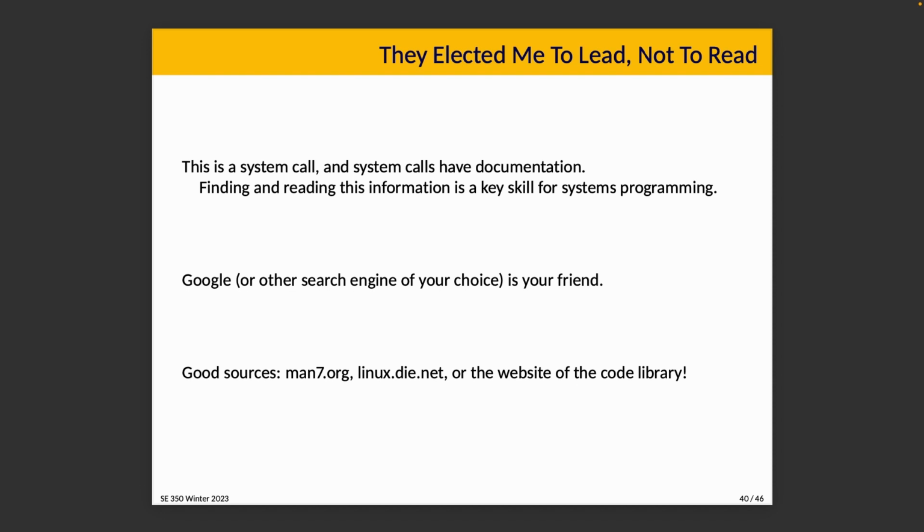As an operating system author, it's somewhat your responsibility to write good documentation so that people who want to call this function understand what they need to provide and what they'll get back. Google or another search engine of your choice is your friend, and you could look at man7.org, for example, as a location for the documentation, along with other sources for other system calls.